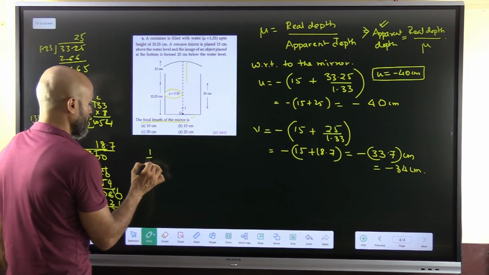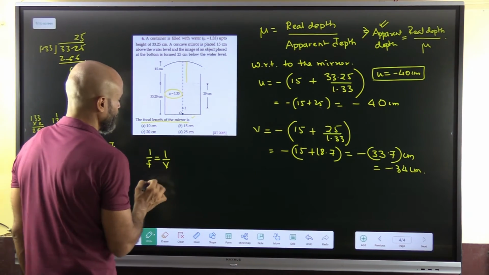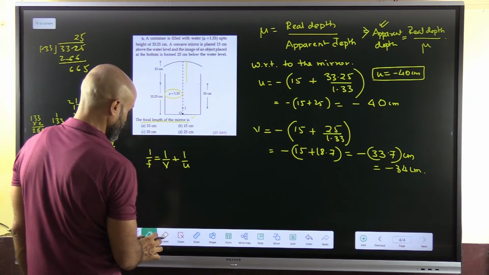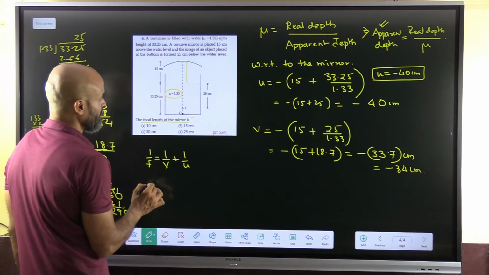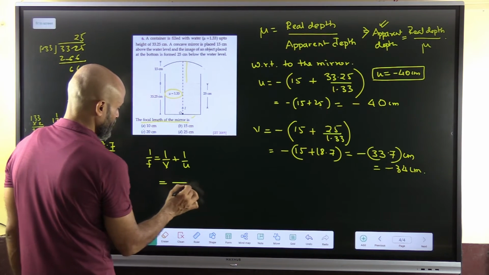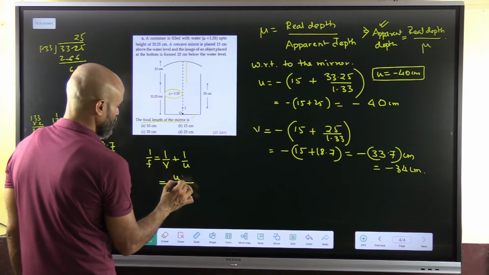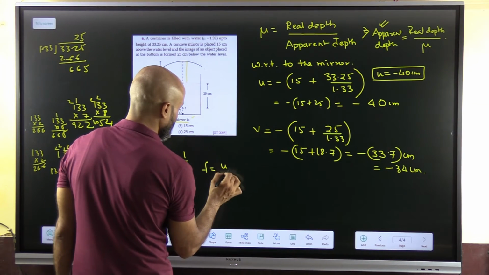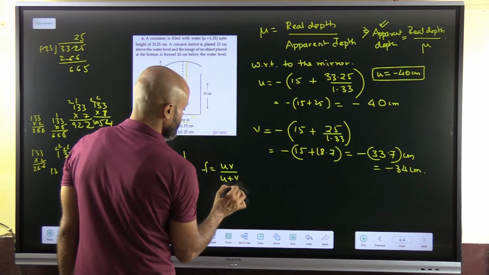So now 1 by f is equal to 1 by v plus 1 by u, okay. So if we have to calculate the focal length, obviously this will be how much? uv by u plus v. So focal length will be equal to u into v upon u plus v.